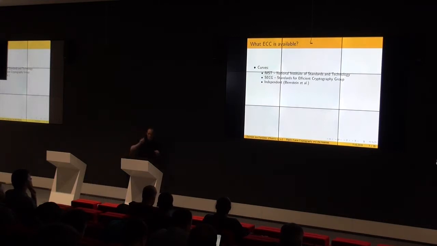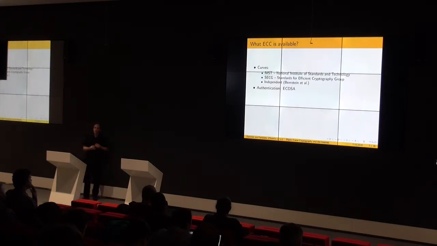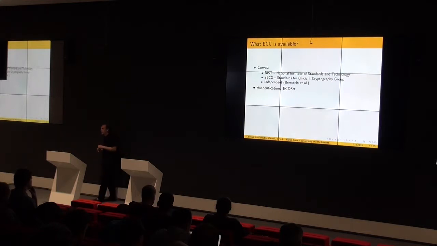What's next? When you decide which curves you want to use, there's a good question how you can use them and for what. First, authentication. There's this ECDSA algorithm, which is basically, as the abbreviation says, elliptic-curve based digital signature algorithm.